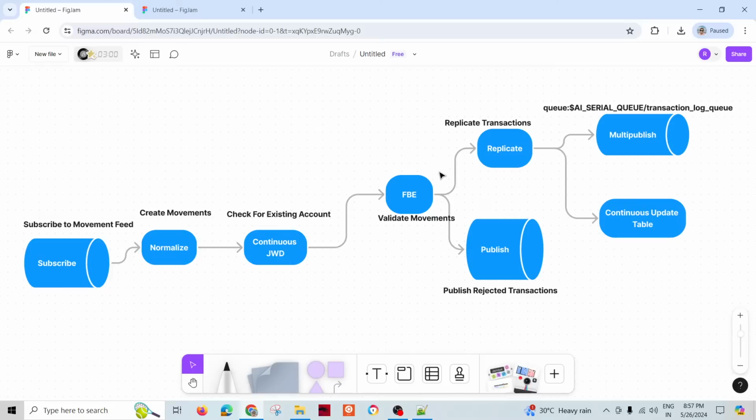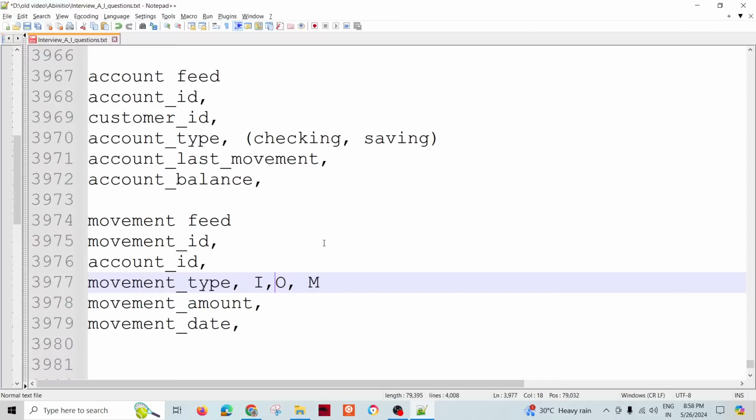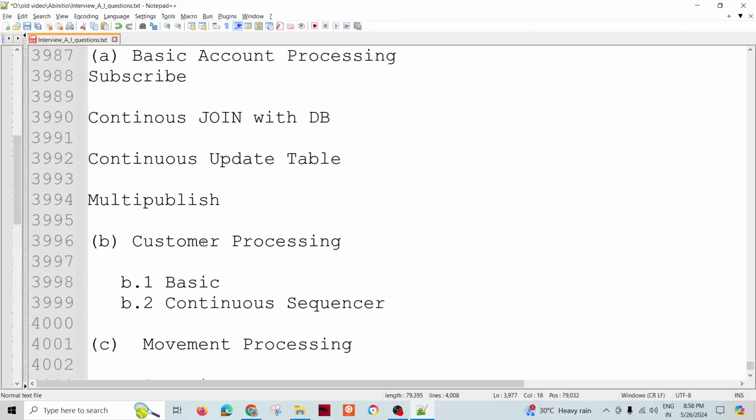In this flow, we will have all the valid accounts and valid transactions, and all those transactions we are going to pass into the multi-publish. I talked about this multi-publish earlier. If there are multiple graphs publishing data into a certain queue, we will use the multi-publish. I have already used multi-publish in the customer processing graph.